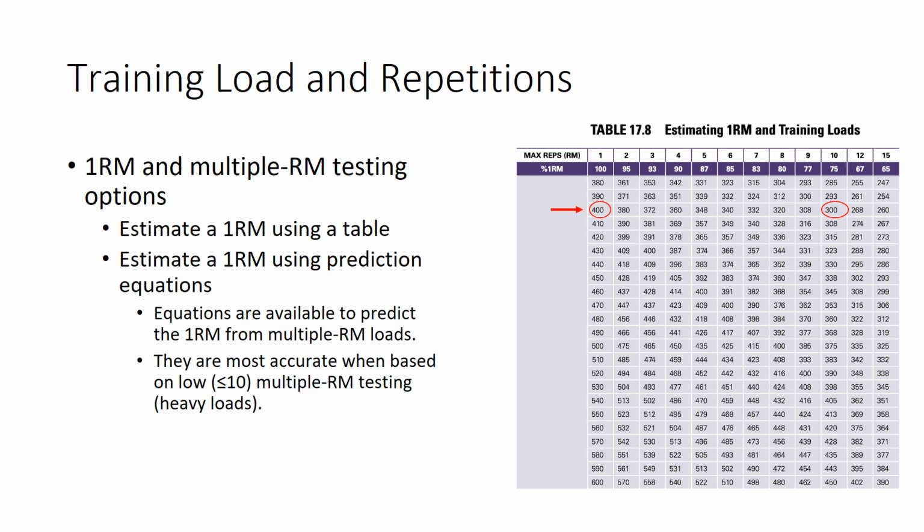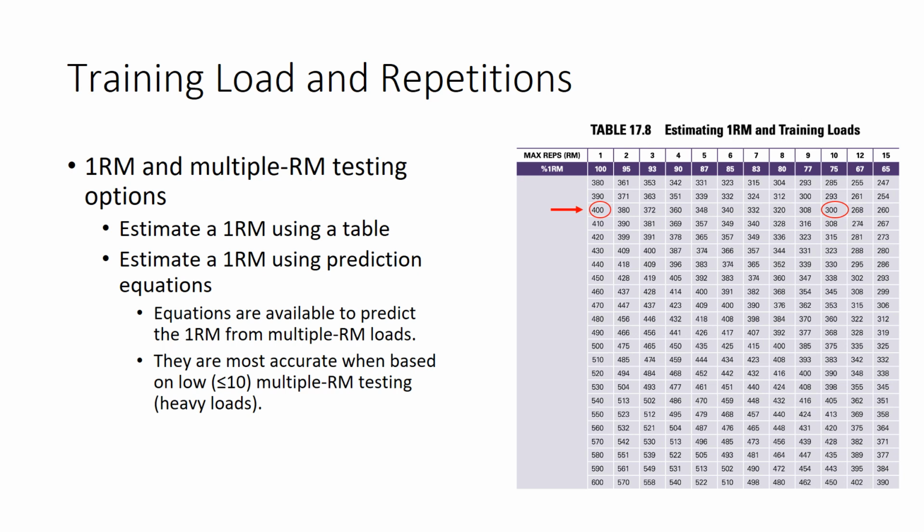Not only can we utilize the 10RM load, we can utilize this by using a table. So to estimate the athlete's 1RM using this table, all we have to do is look at the certain columns of the amount of repetitions or maximum amount of repetition maximums that they did with the weight that they utilized, and then look over at how it converts into a 1RM.